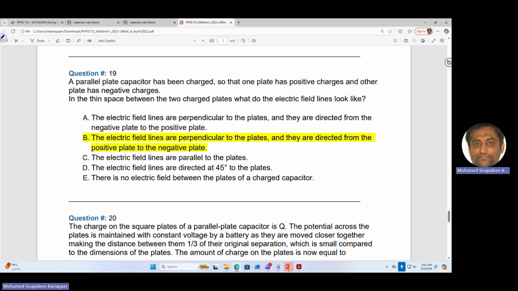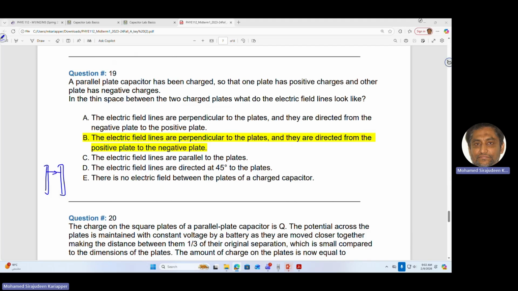Number 19. A parallel plate capacitor has been charged, so that one plate has positive charge, the other plate has negative charge. In the thin space between the two charged plates, what do the electric field lines look like? So this is basic. You either know it or you don't know it.